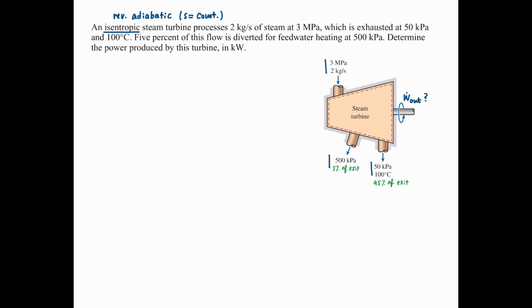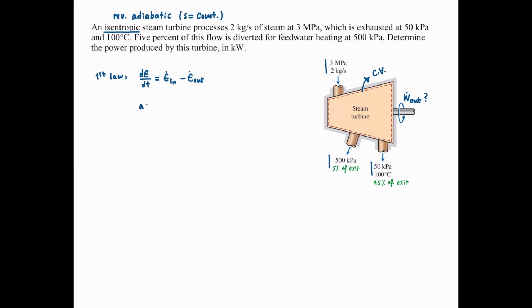I'm going to use the first law of thermodynamics to solve for this problem. First law, in rate form, dE/dt equals E dot in minus E dot out. And I'm going to take the turbine as the system. I see that this is an open system, or I can call it a control volume.